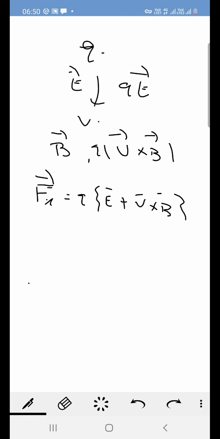Now, how to write this force in terms of the scalar and vector potentials, that is, in terms of A and phi?